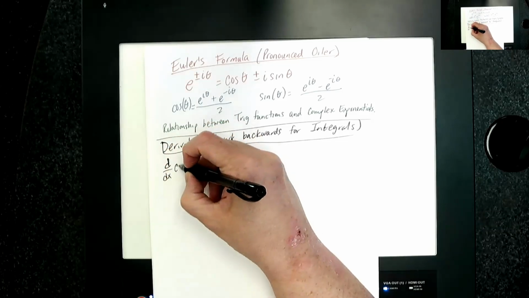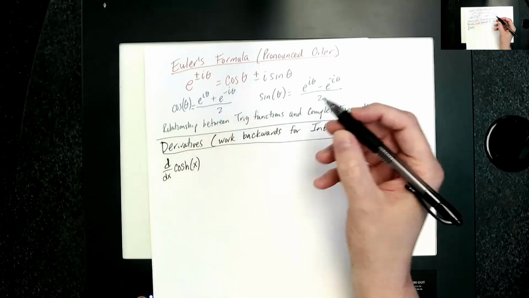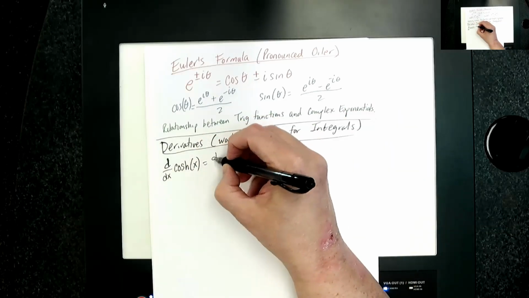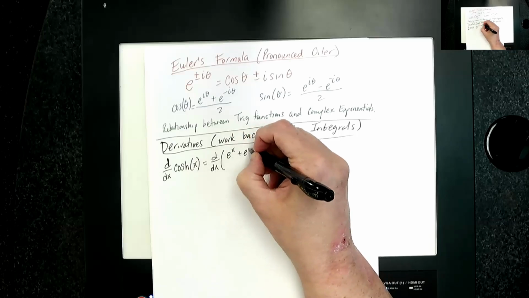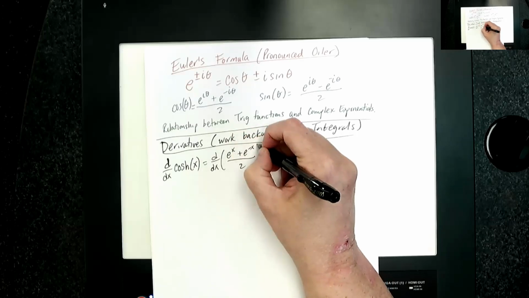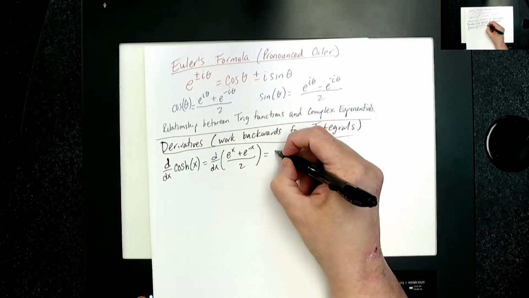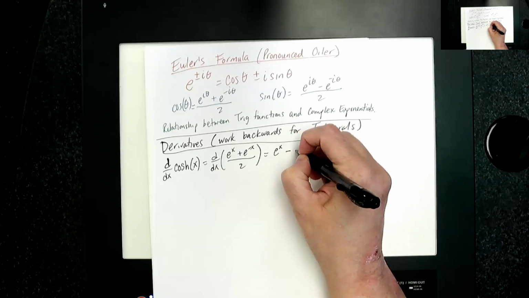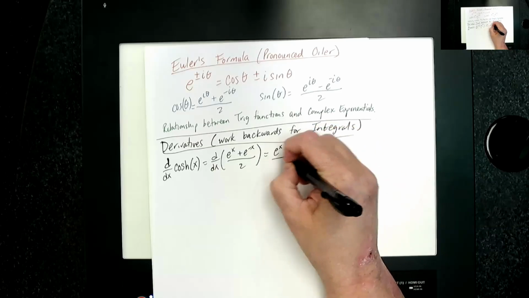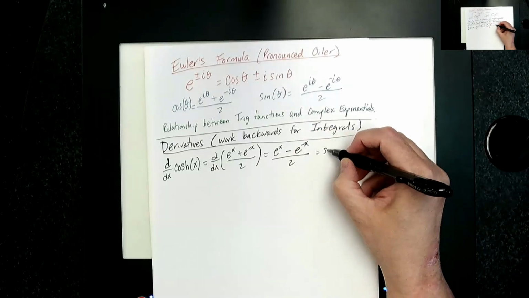We'll take the d/dx of cosh x. That's d/dx of e to the x plus e to the negative x over 2. e to the x doesn't change. e to the negative x brings the negative down, but then doesn't change. And that's sinh.